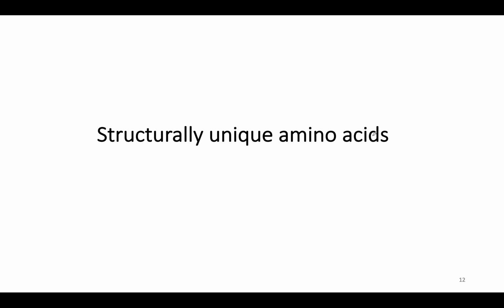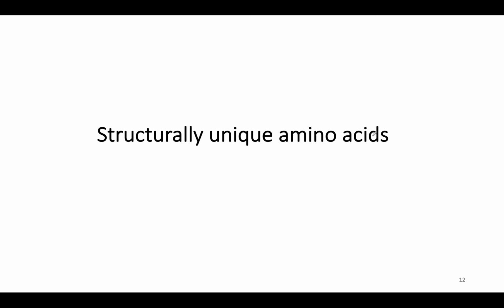We move on, and in this first slide set, we will focus on two structurally unique amino acids. And why we need to focus on these amino acids is that in an assessment, most of the questions revolve around the unique amino acids.